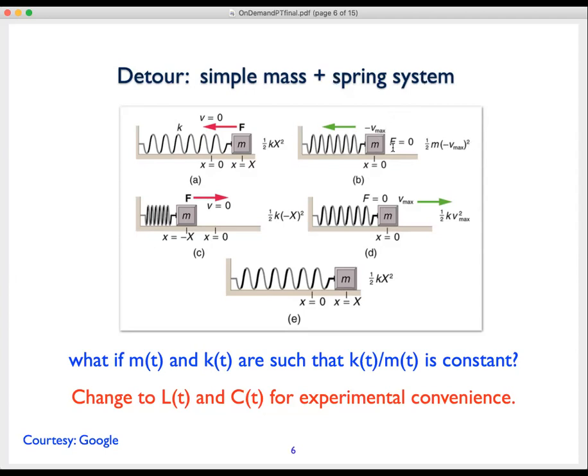It has velocity, no force, and because of inertia it keeps going and compresses the spring. And then after this compression, it moves back again, kinetic energy, and you're back to this. Everybody knows this: kinetic energy, potential energy, the sum is conserved, all of that, and no friction.